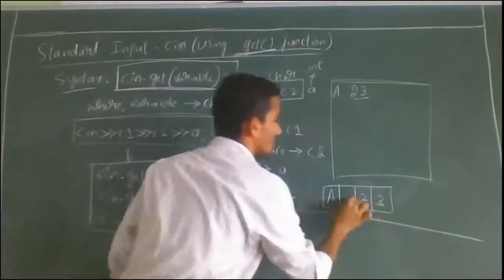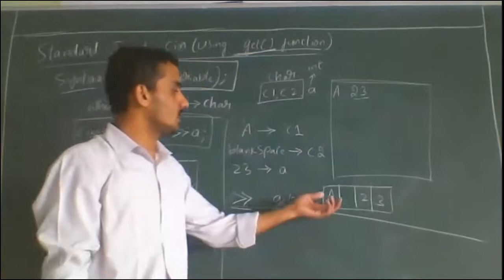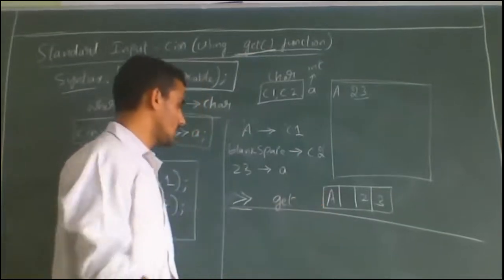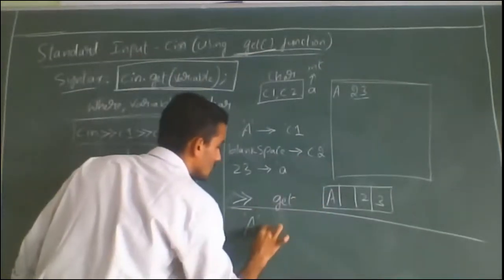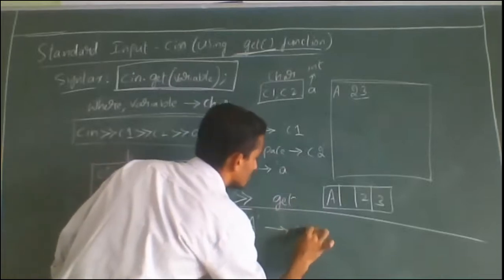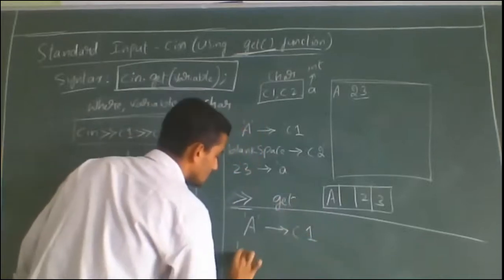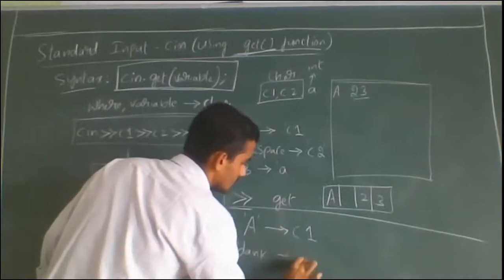Now this is the output, in the sense that in the console we have given the values in this way. Here A will be stored in C1, and the blank space will be stored in C2.